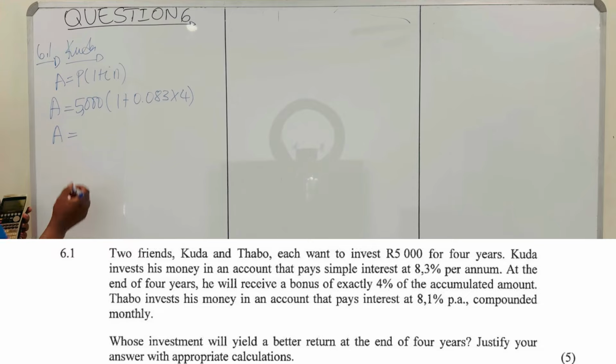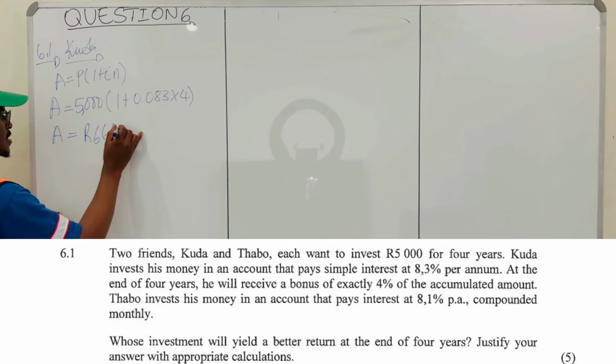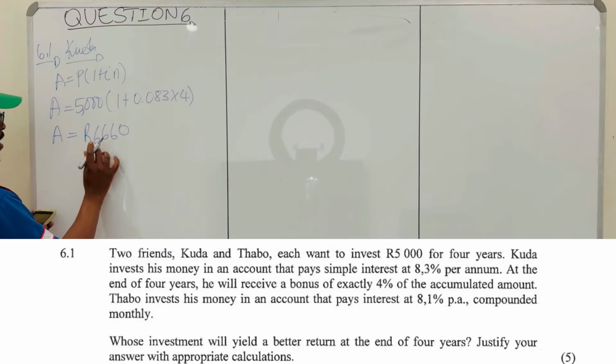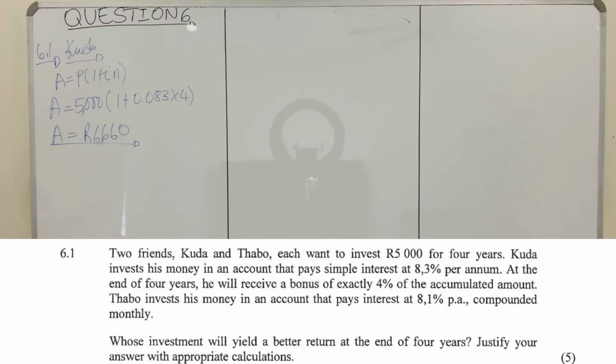So at the end of 4 years, the account will yield 6,660. So he will have this much in that simple interest account. But he's also promised to be given an extra 4% of this accumulated amount. So let's go and find that 4%.